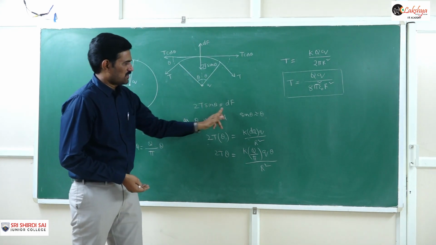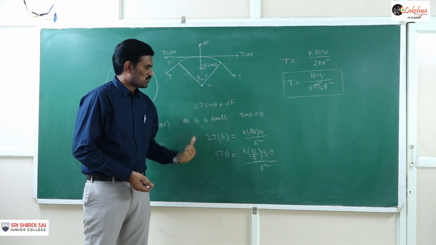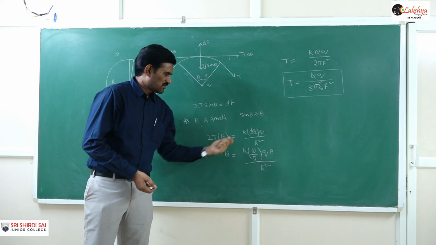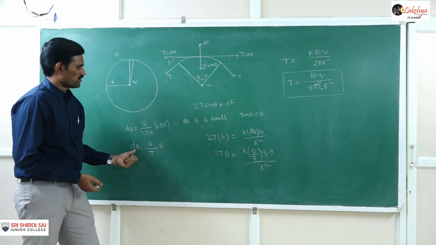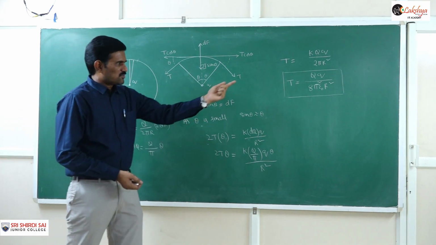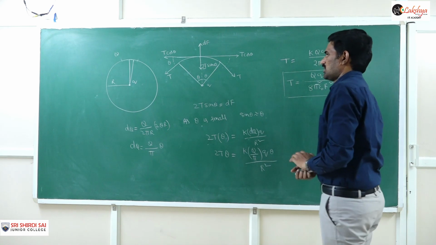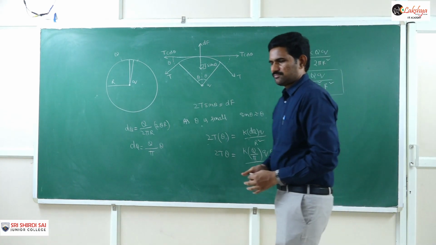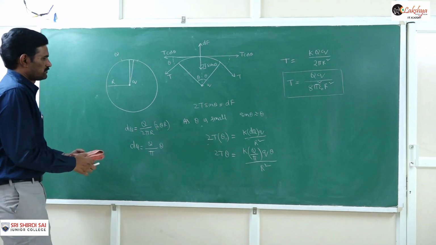So we are taking 2T sin theta is equal to dF, and theta is small, so we are replacing sin theta with theta. Then you can simplify here. We are substituting the dQ value by using this equation. Then if you simplify that, finally you will get this tension expression here. So this is the tension acting in this string when the charge is placed at the center of the ring.